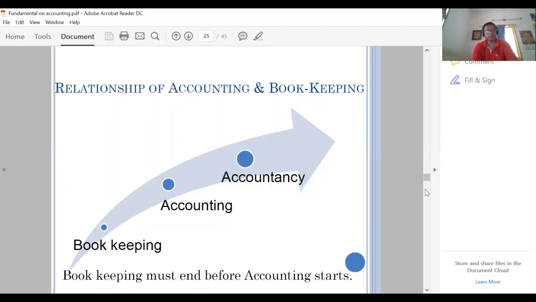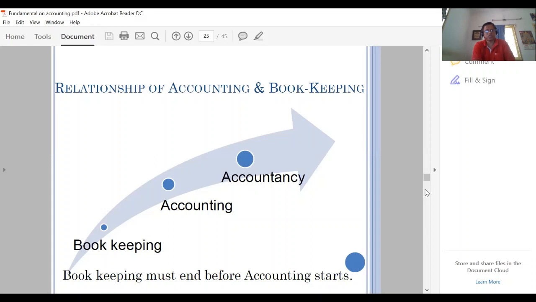Right. Let's go back to the relationship of accounting and bookkeeping. Every account starts with bookkeeping. Once the bookkeeping is done, then we will have accounting and we will have accountancy. To recall and remember at this stage, accounting is nothing but recording, classifying, summarizing, and interpreting of financial transactions.